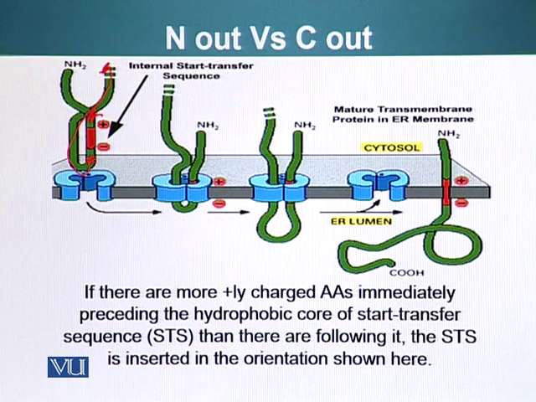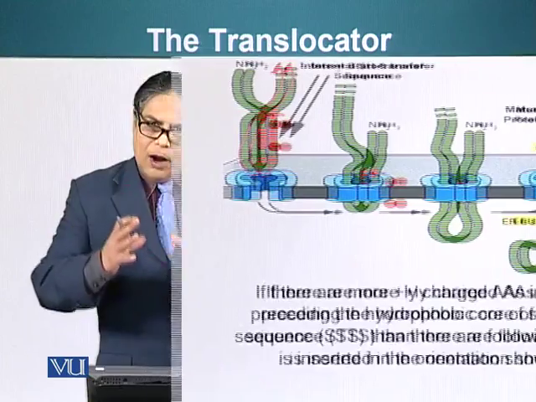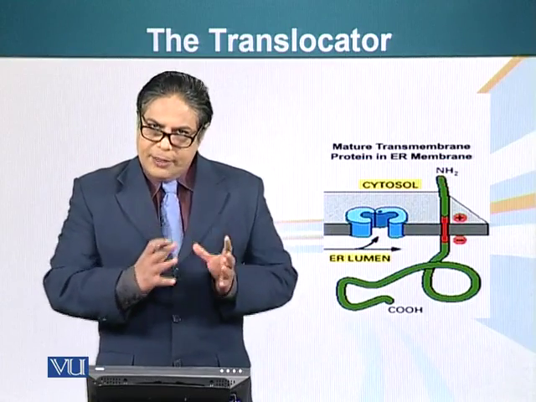When that happens, the negatively charged amino acids will go through this translocator, whereas positively charged amino acids will stay outside. So we end up with a protein which is inserted in the ER membrane in this orientation, where the amino terminus is in the cytosol and the carboxy terminus is in the lumen of the ER. So we have seen how proteins are inserted in the membrane.